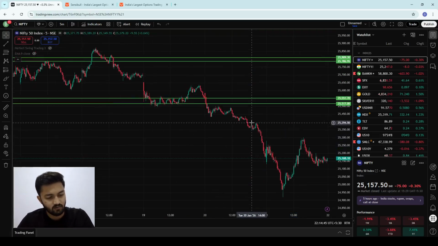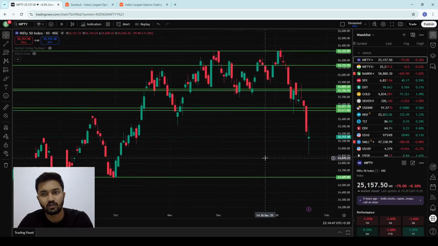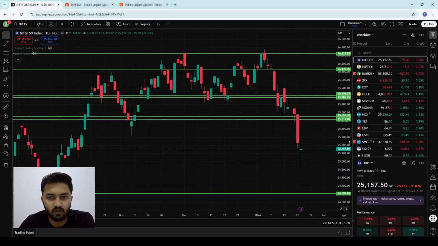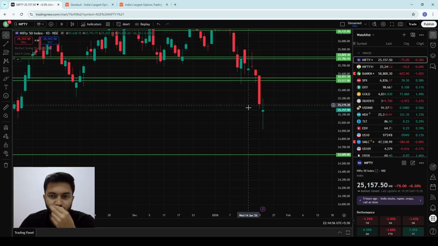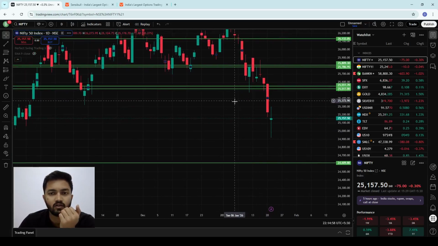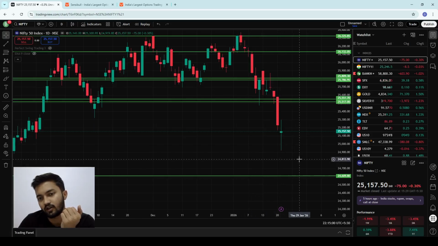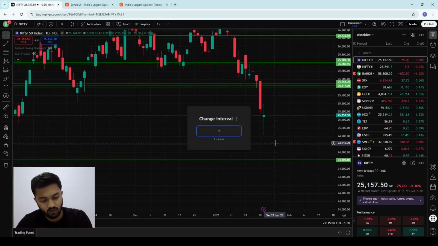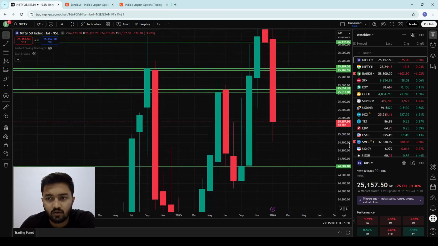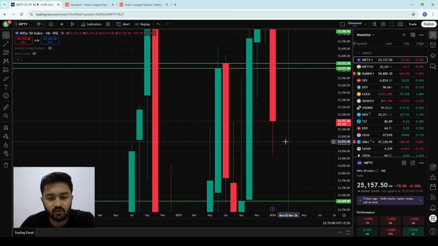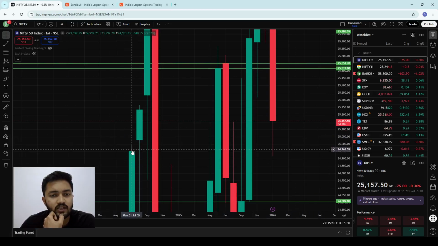So overall, it made a very big doji, not a big doji, but this is what we call it, and it looks like again the structure is overall weak. First, I'll try to draw some support and resistance, because nowadays I'm neglecting all the support and resistance that is coming in between.